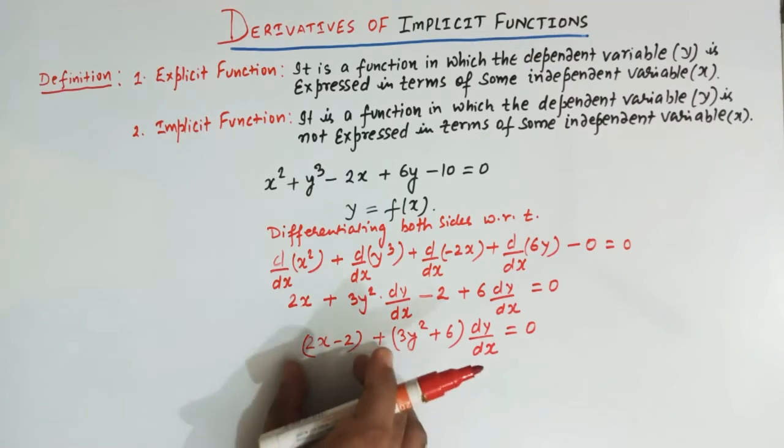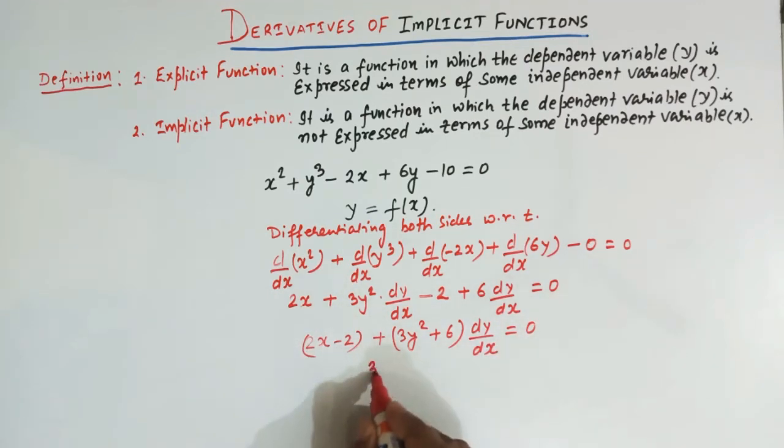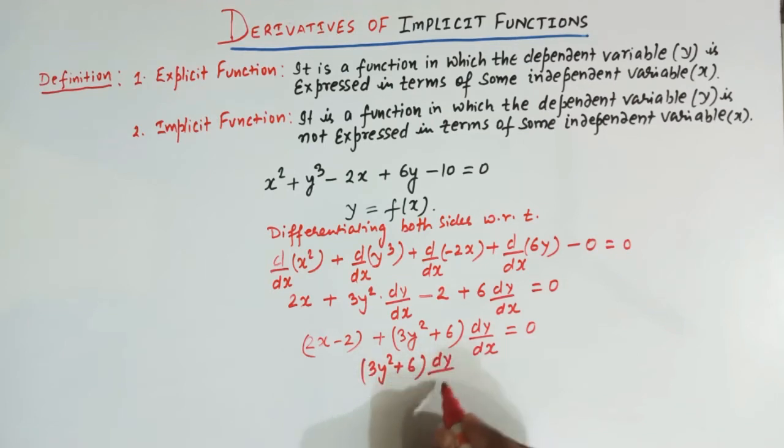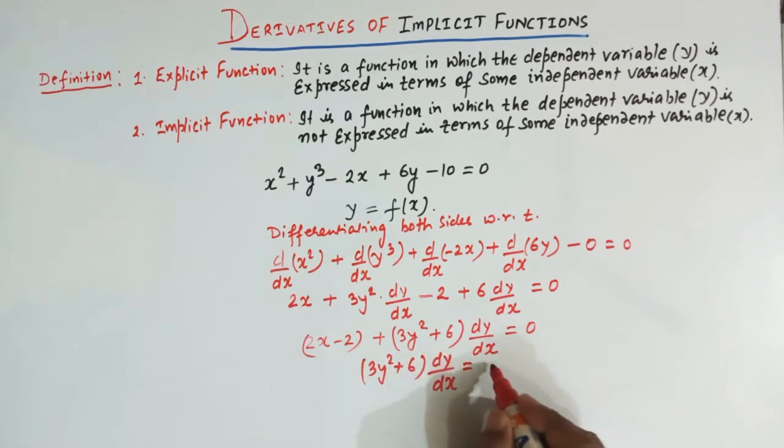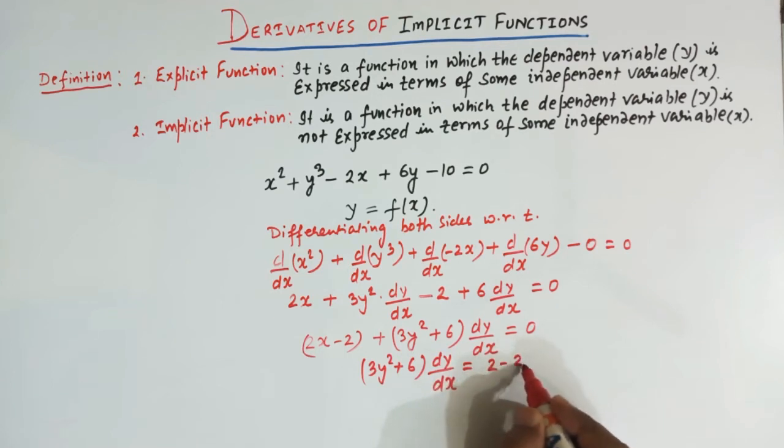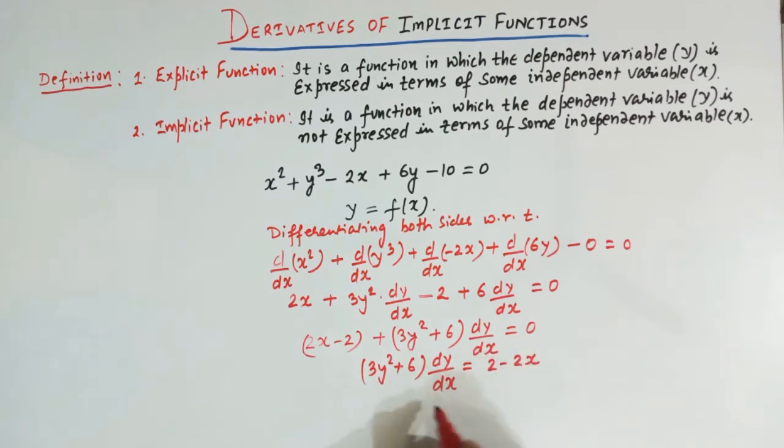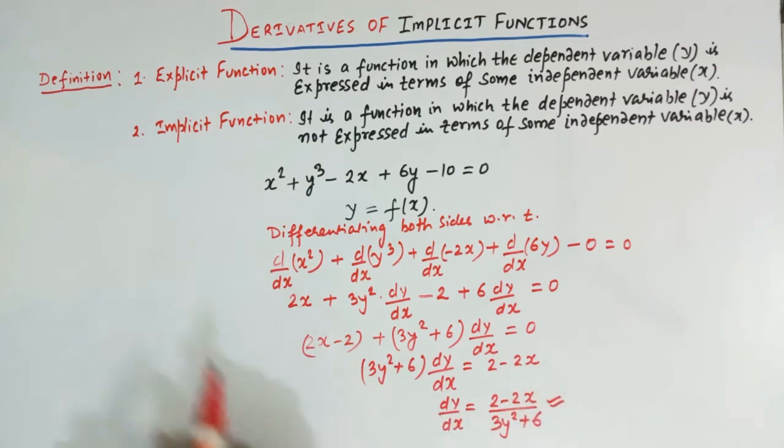Now taking this term to this side, we have 3y square plus 6 times dy over dx equal to 2 minus 2x, and then dy over dx is equal to 2 minus 2x divided by 3y square plus 6, right? So this is the derivative of y with respect to x.